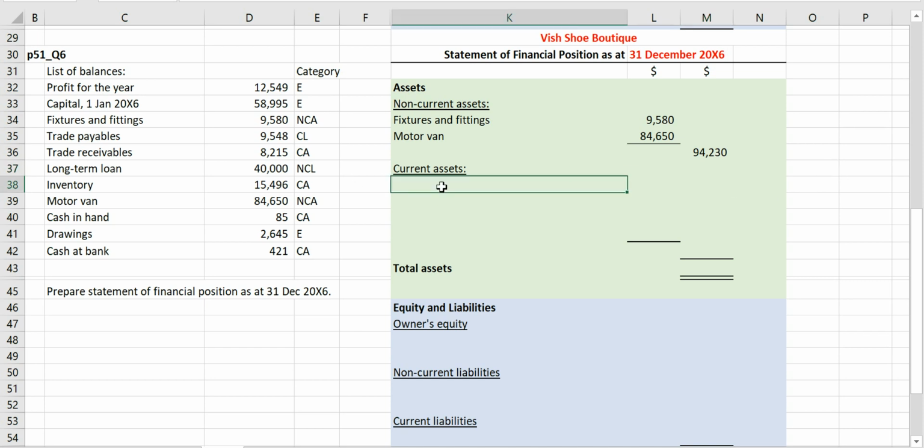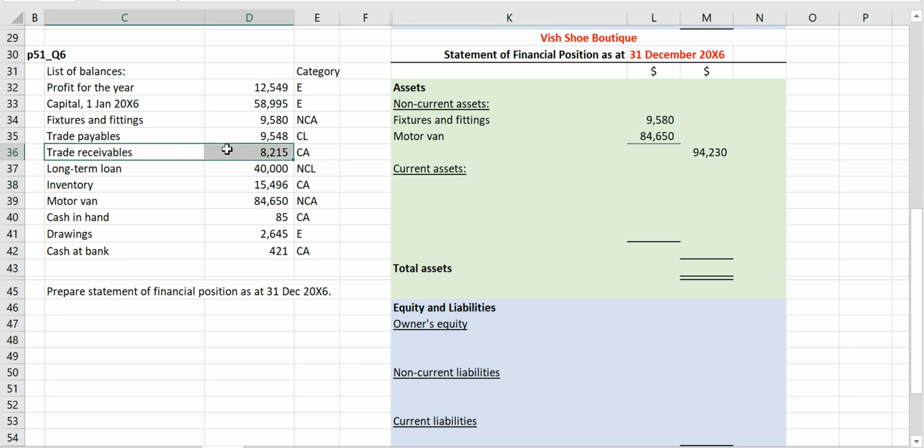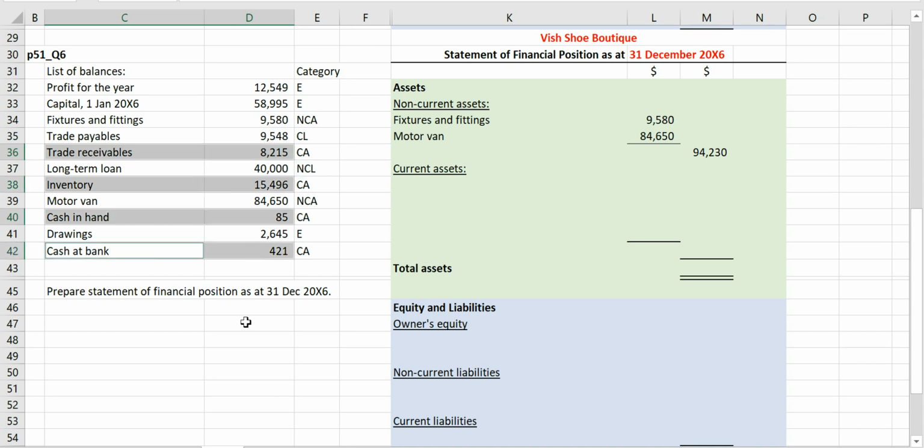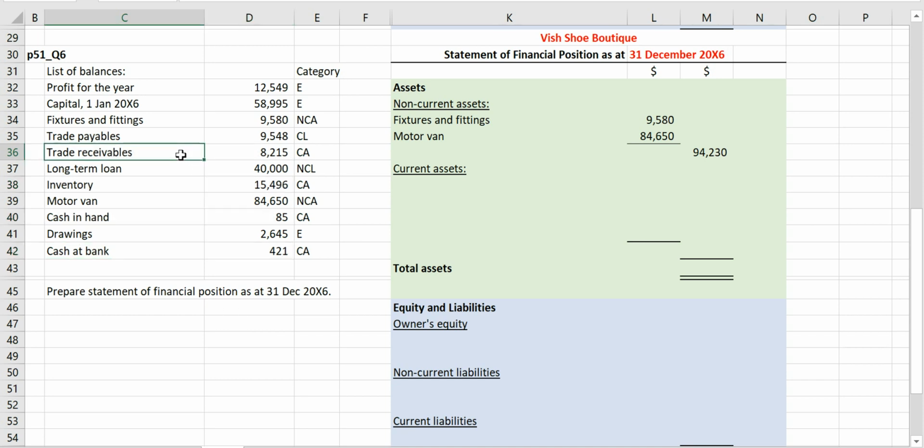Now is the time to list out the current assets. For current assets, if we look at the categorization, we have 4 items. So each of these items needs to be placed in there. Okay, so let's begin.